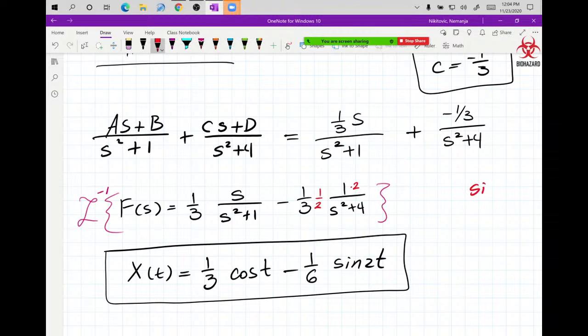I'm just going to put this: sine kt transforms into k over s squared plus k squared. Just wanted to make sure you know why I had a 2 squared, which means I need a 2 on top. Why I did the red 1/2 and a 2.